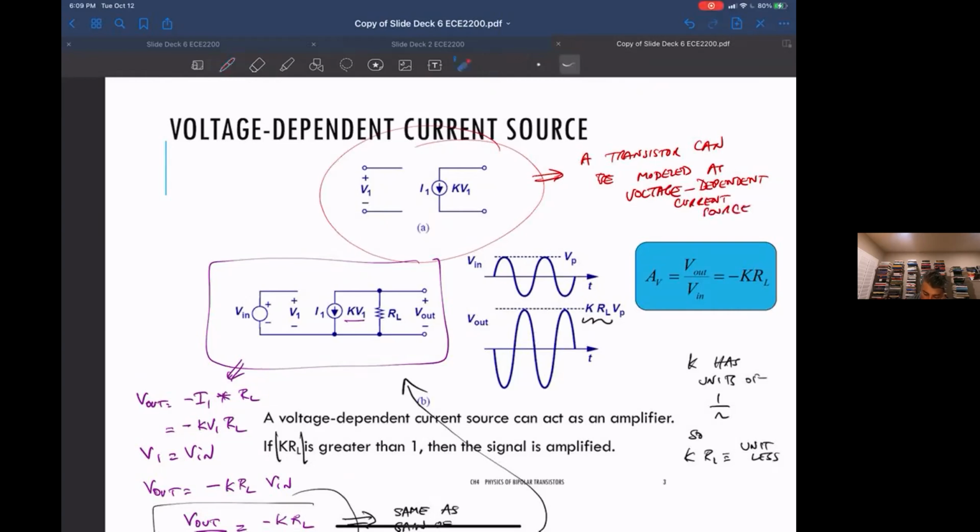So that's why we're talking about this particular implementation of building a gain circuit, because at the very first level that's what a transistor looks like. Okay. Any questions about that?